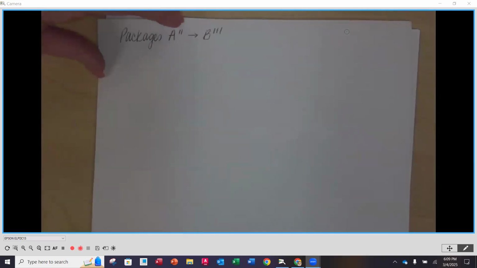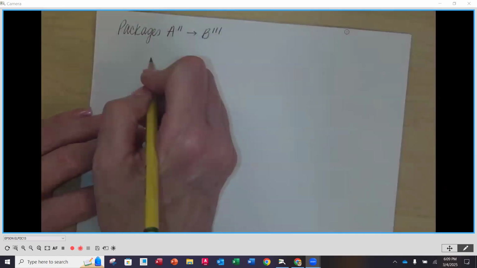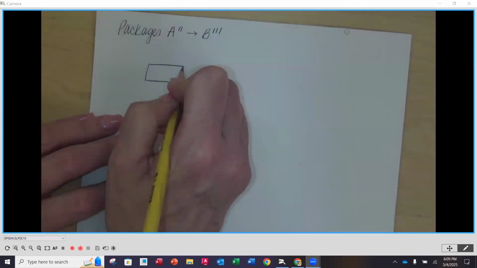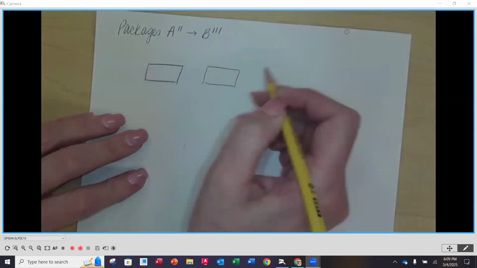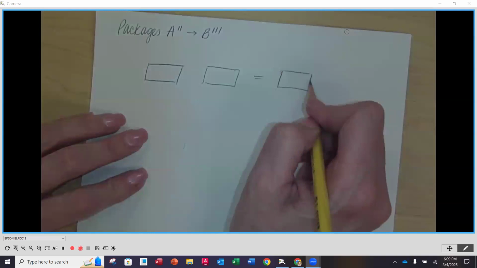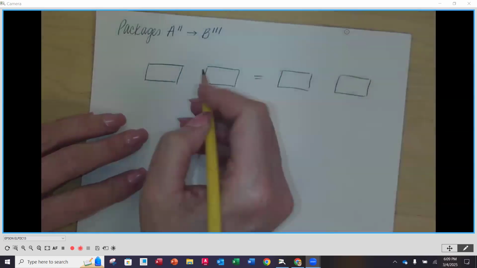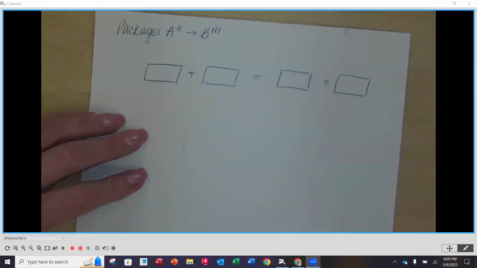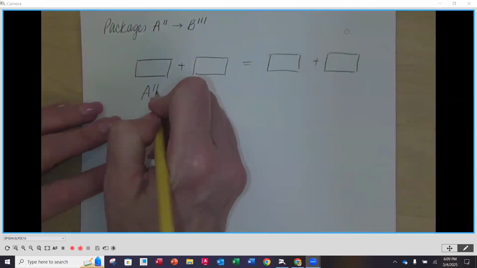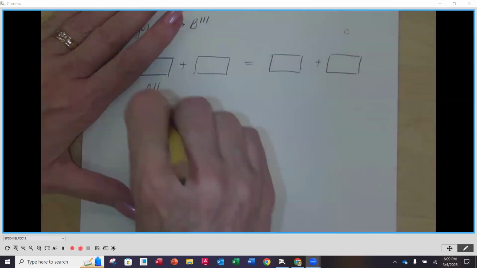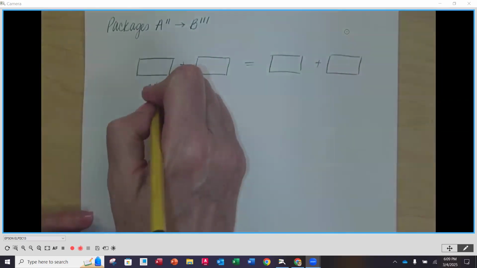Okay. So as we look at our packages, we're going to have A, B, A, and B. And then we'll put the pluses in between. Now, this is going to be package A prime, the first one.